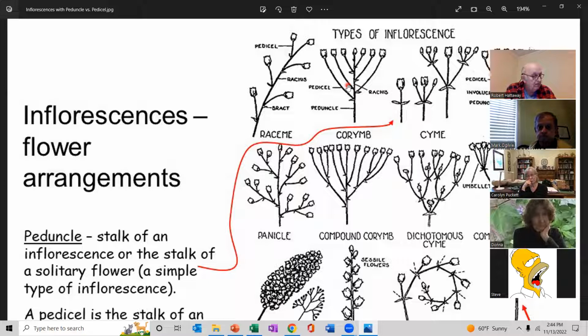And the second meaning is the major axis of an inflorescence, which is what you're talking about, which I never paid attention to. This is the peduncle, these are the pedicels, and the continuation of the peduncle is the rachis. So, very good. I'm glad you brought that up.